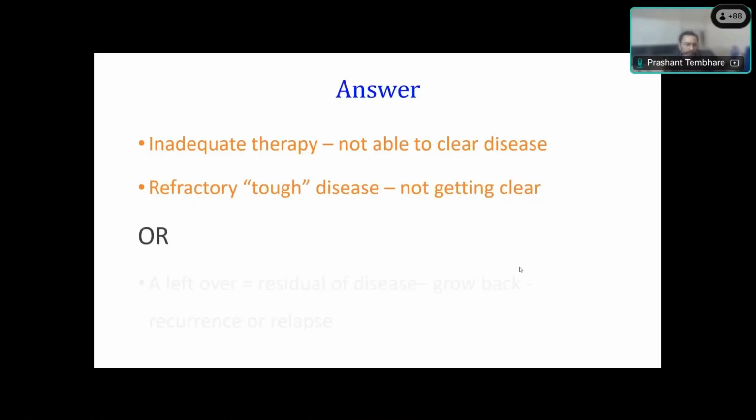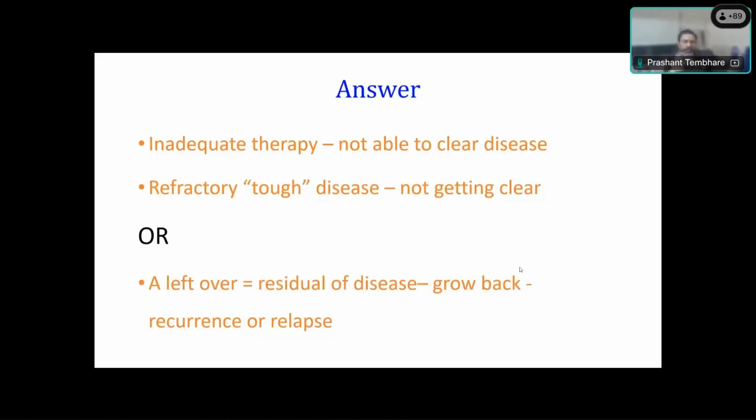The next point is the leftover disease. No matter even after giving the treatment, there is a mild population of disease there, which over a period of time, within a year or 2 years or a few months, grows back and causes relapse.